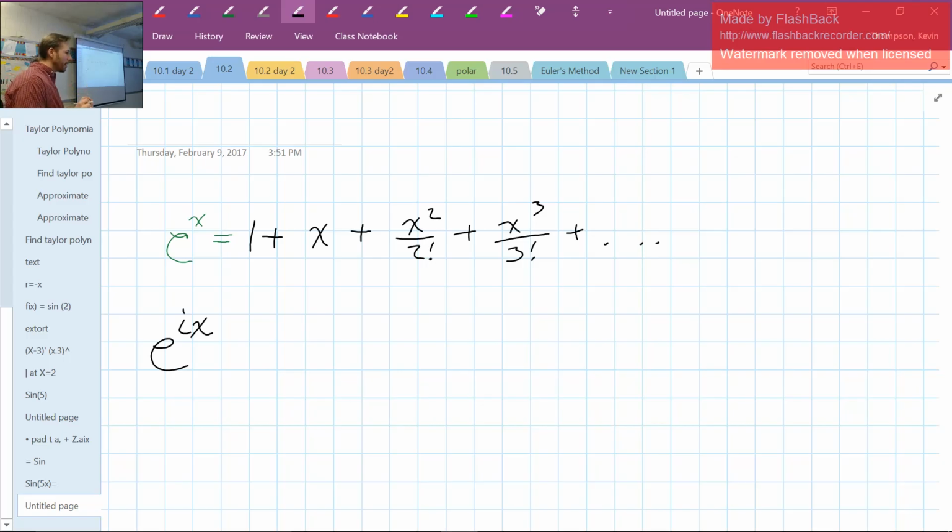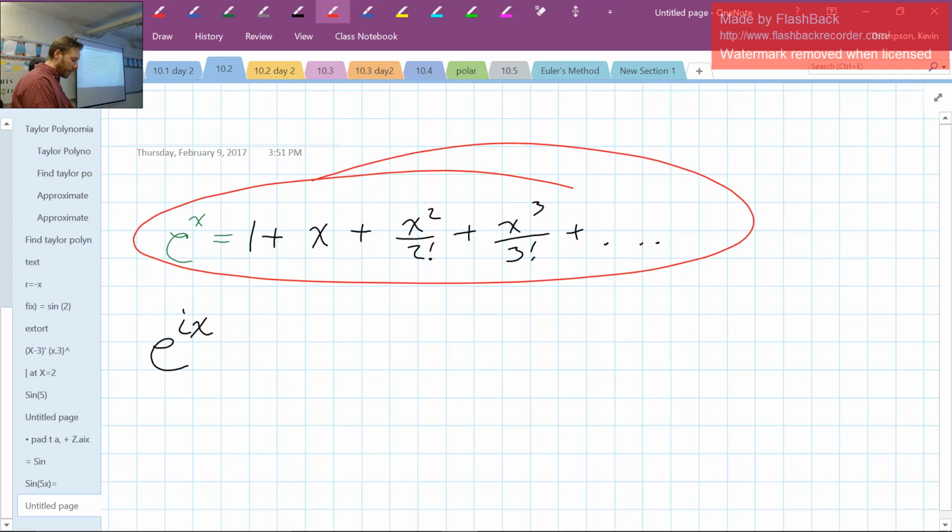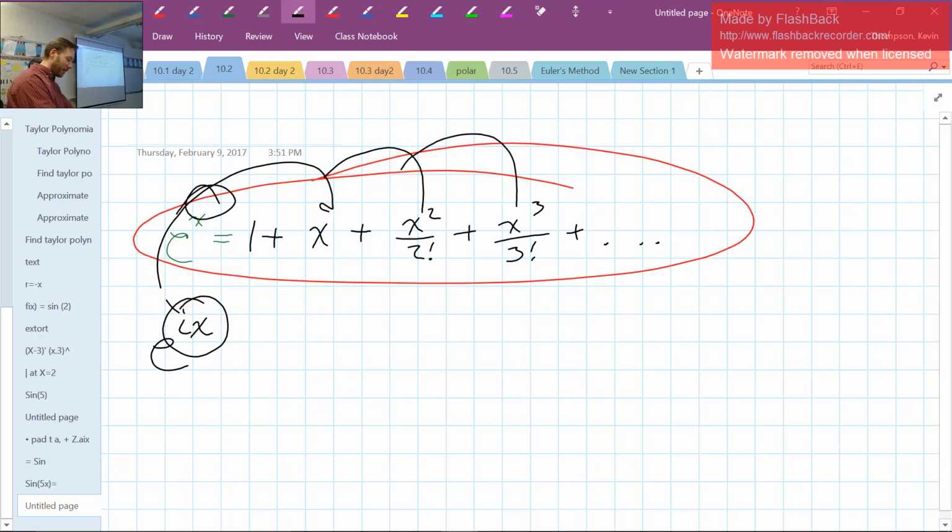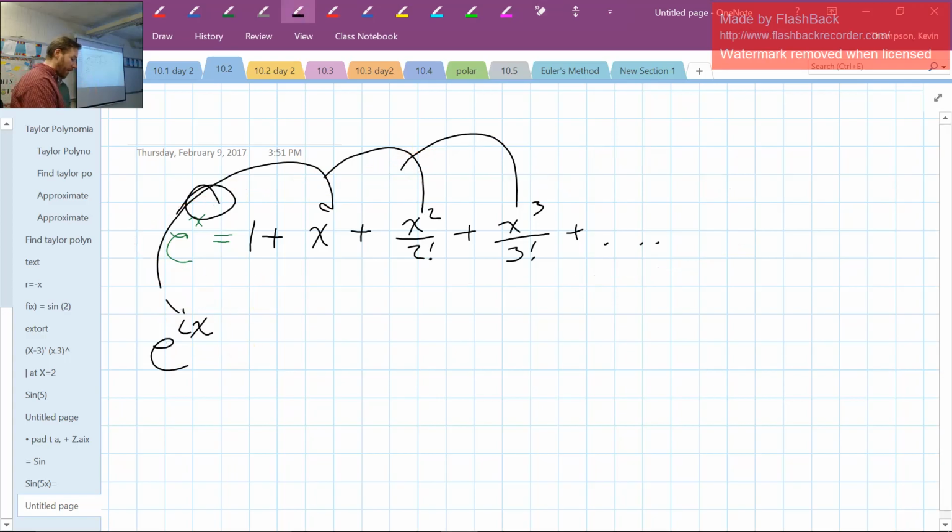I said at the beginning that we could make new ones by substitution or working together. So really, if this is true, then shouldn't e to the ix be basically put an ix everywhere we see an x? Isn't that the substitution I'm making here? Yes. That means you now can write a polynomial that represents this.